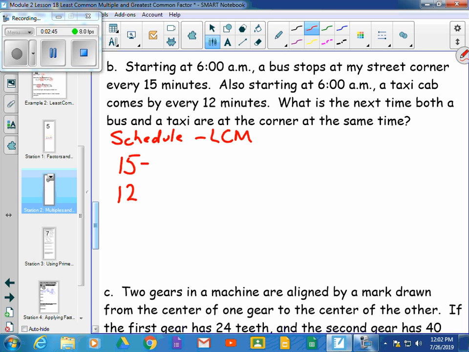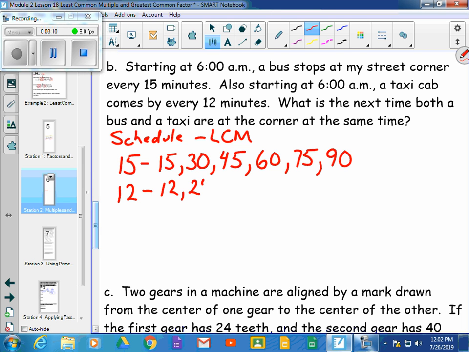Let's list out the multiples of 15. 15 times 1, 15 times 2, 15 times 3, 15 times 4, 15 times 5, and 15 times 6. Now I'm going to list out the multiples of 12. 12 times 1, 12 times 2, 12 times 3, 12 times 4, 12 times 5, and 12 times 6.